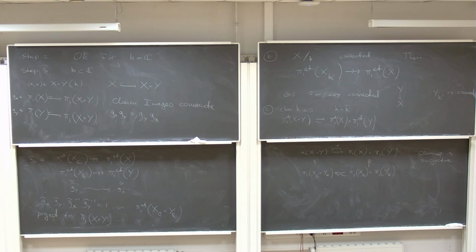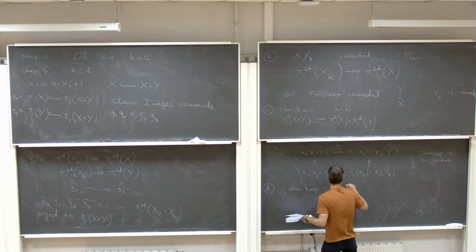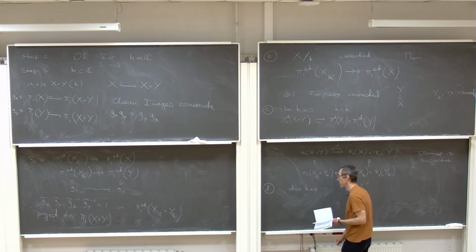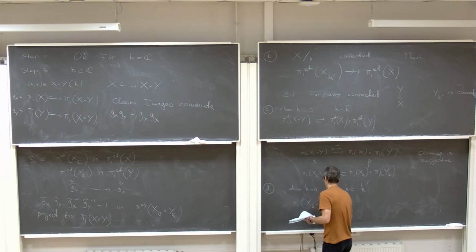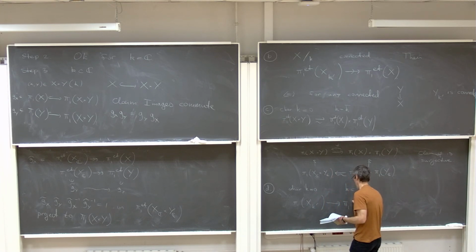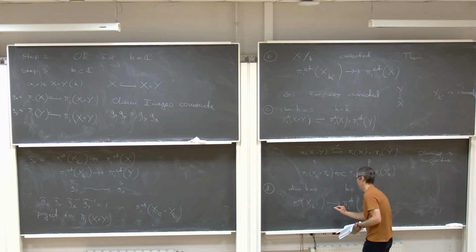So good. Now this is A, B, C, D, and D was the following statement: in characteristic 0, if you have an extension of algebraically closed fields, then the map from pi 1 of X_K prime to pi 1 étale of X is an isomorphism.